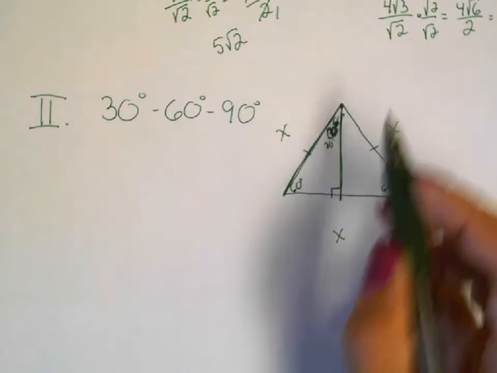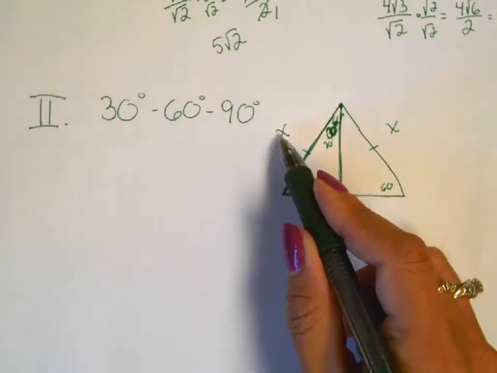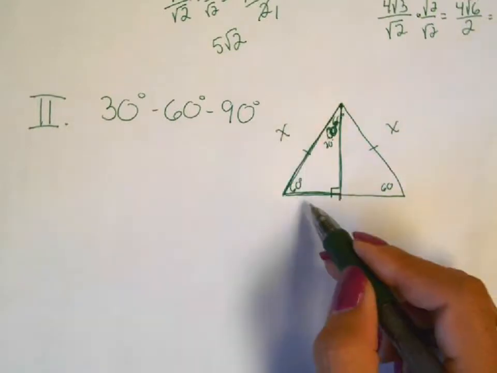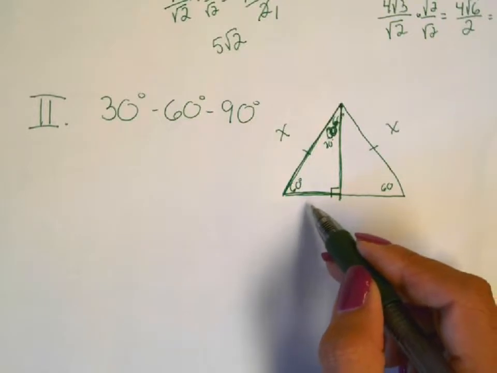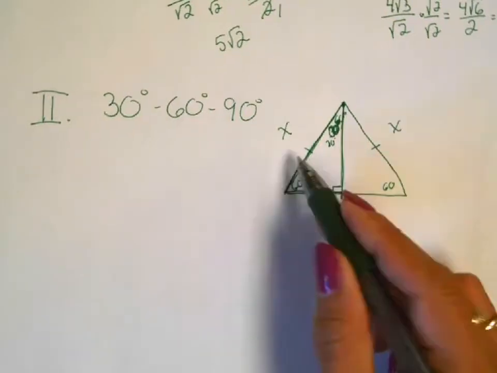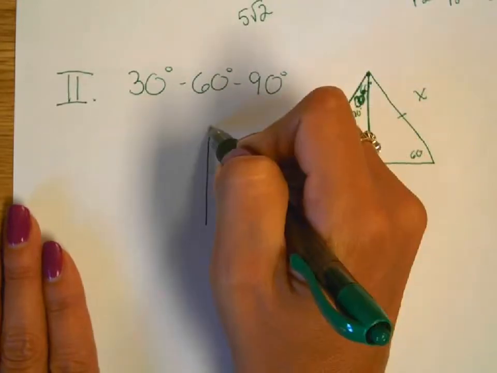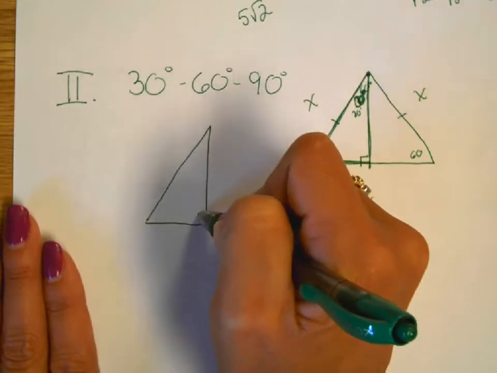How does this side compare to this bottom short leg here? It's double that, or this is half of that. So if I call this x, I call this one half x. It's not the way we had it in the poster, but that's the relationship. So let's go back to the poster, because it is our shortest side.